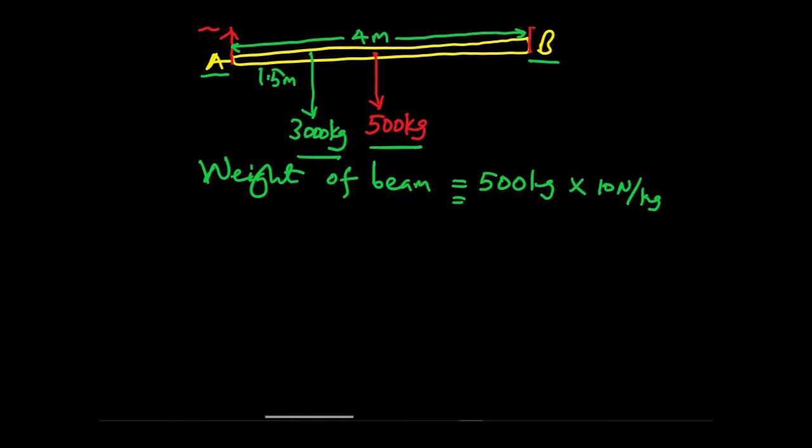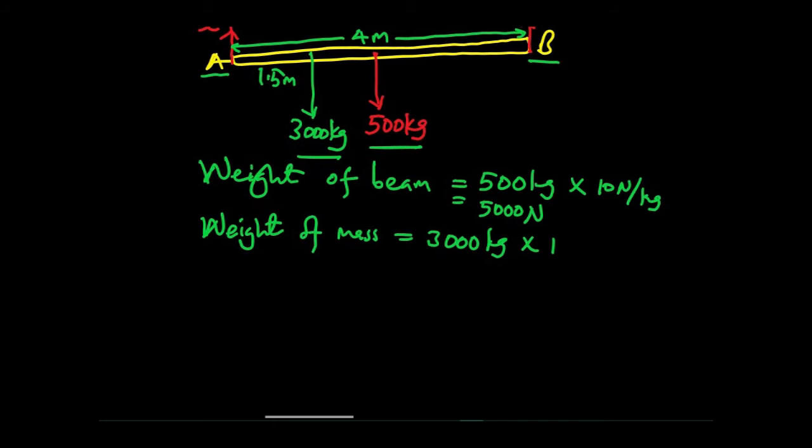So here you get 5000 Newton. This is the weight of the beam. And the weight of the mass suspended. Weight of mass will be equal to 3000 kg times 10 Newton per kilogram. So here we get 30,000 Newton. This is the weight suspended.